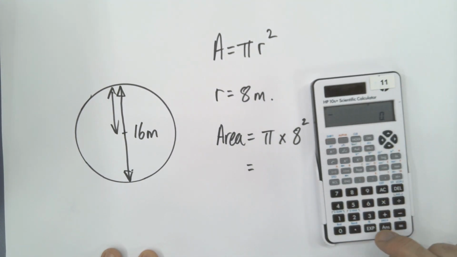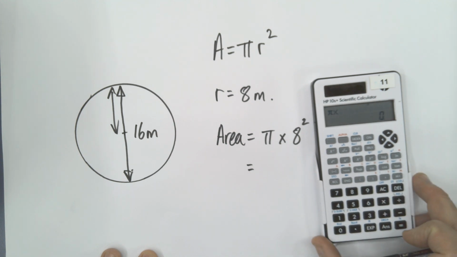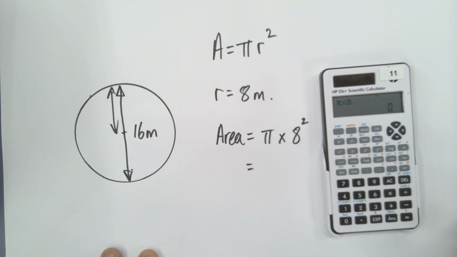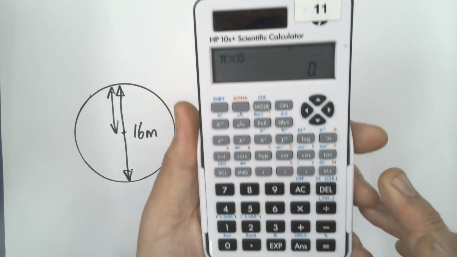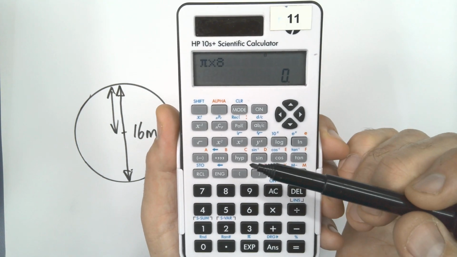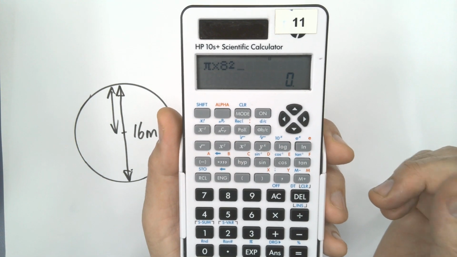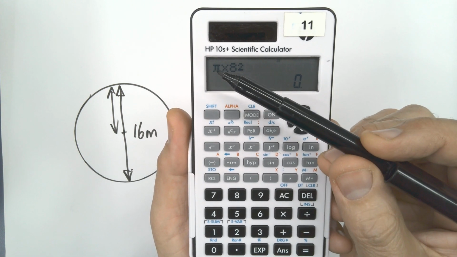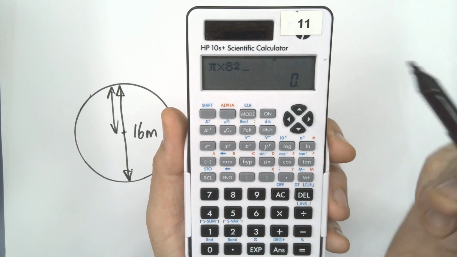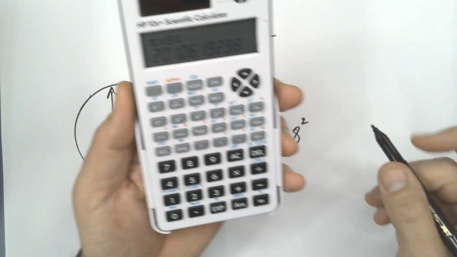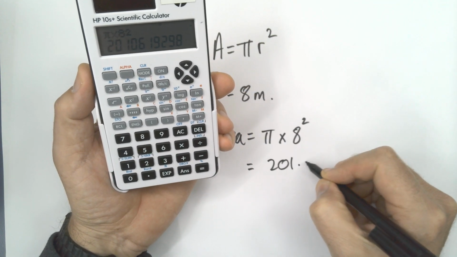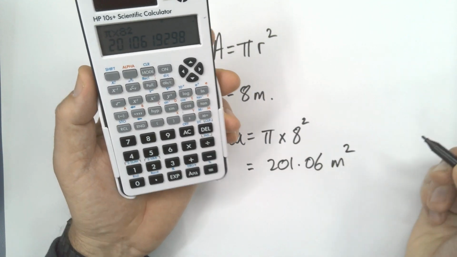I'm going to go shift pi times 8, and you need to find on the calculator where the squared button is. In this case, it's there. So I've got pi times the radius squared equals 201.06 meters squared.